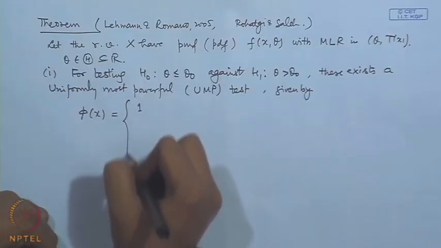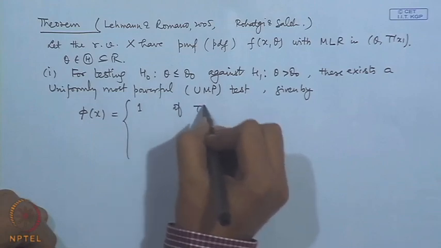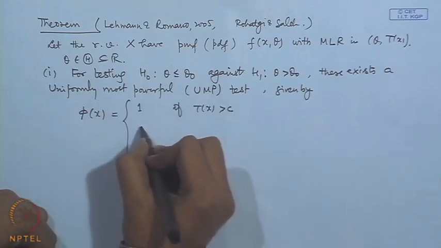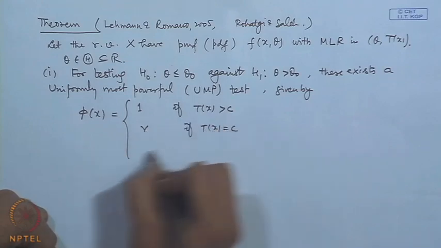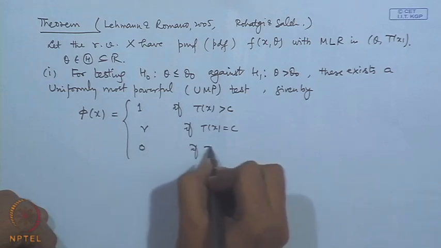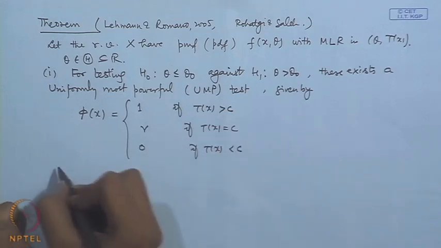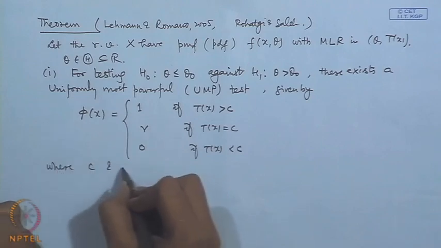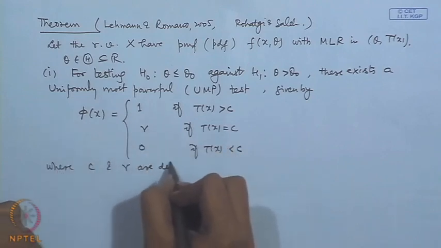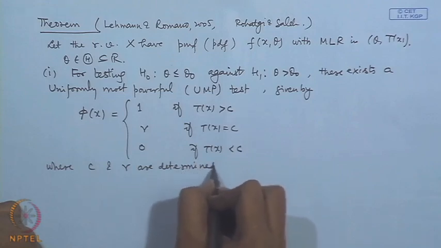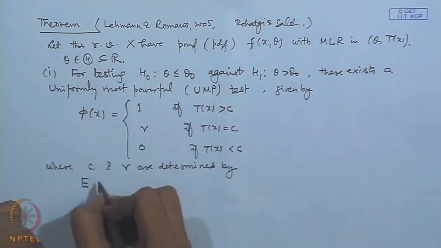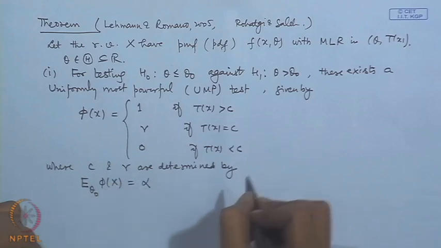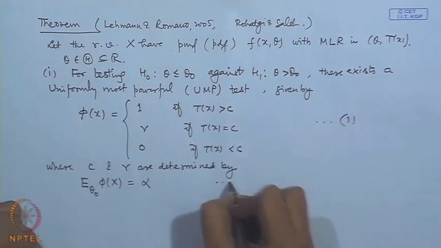So, you reject if T(x) is greater than c, you reject with probability gamma if T(x) is equal to c, and you accept if T(x) is less than c, where c and this gamma are determined by the expectation under theta naught of phi(x) is equal to alpha. Let me call these conditions 1 and 2.